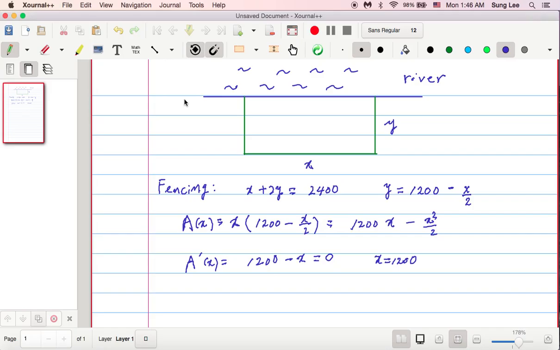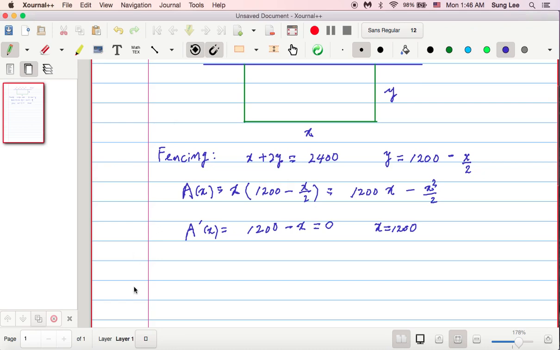We don't know at the moment, but that's where the second derivative test comes in. So let's find the second derivative, A double prime of x. In this case, A double prime of x is going to be just negative 1.